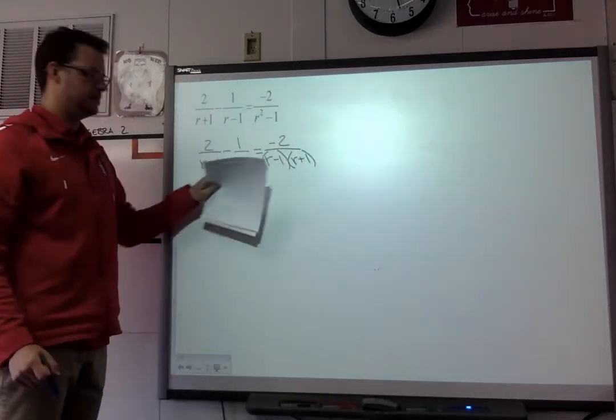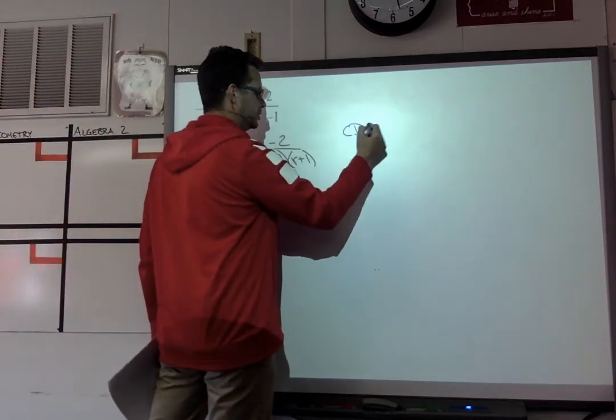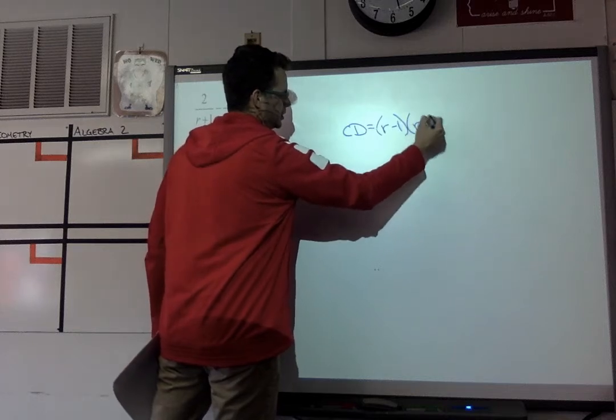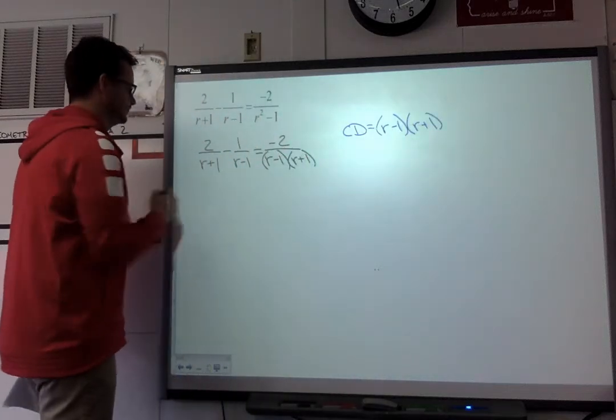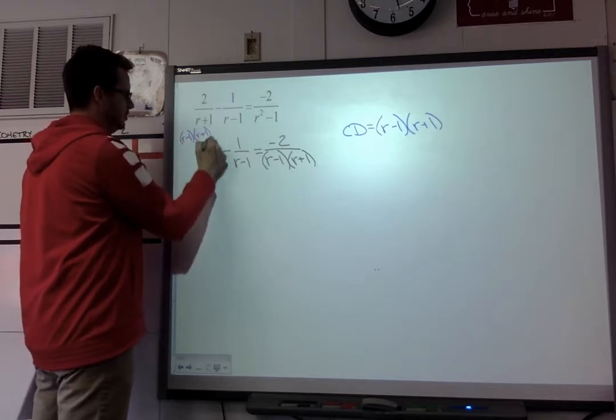So our common denominator, looking at our three terms there, the least common multiple would be r minus 1 times r plus 1.